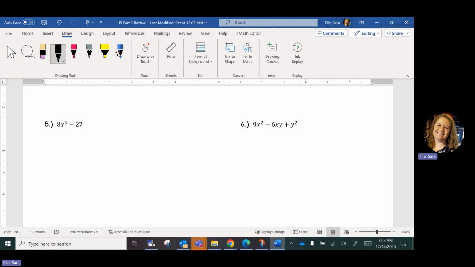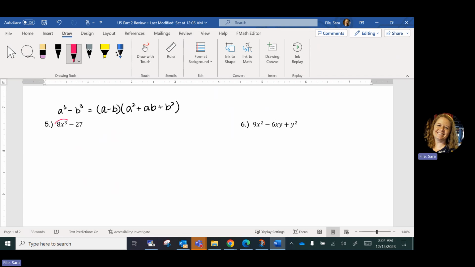The formula was if you have a cubed minus b cubed, this would break down to be a minus b, and then a squared plus a times b plus b squared. And you don't have to have that memorized. That's on the formula chart. But what you have to understand is what is a and b? It's the cube root of these two numbers.